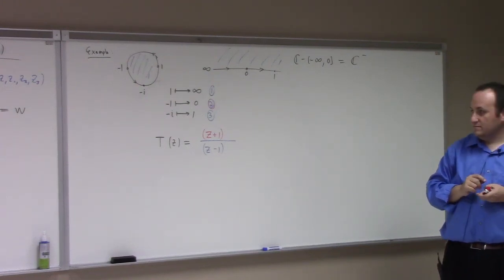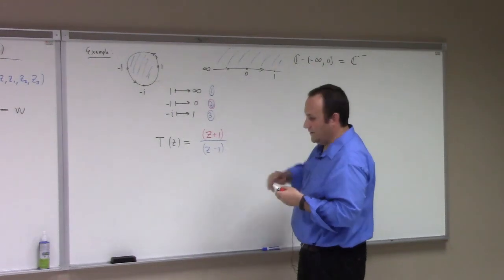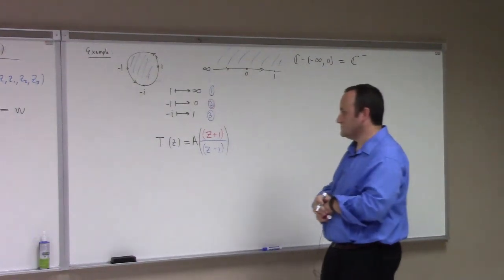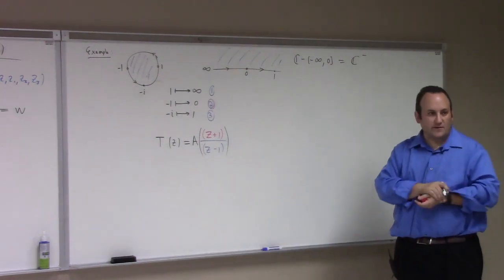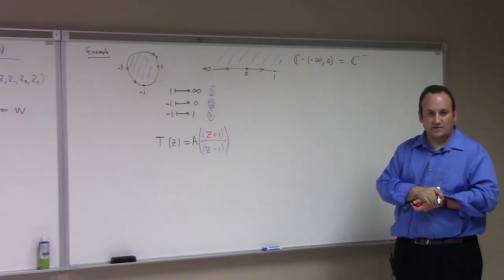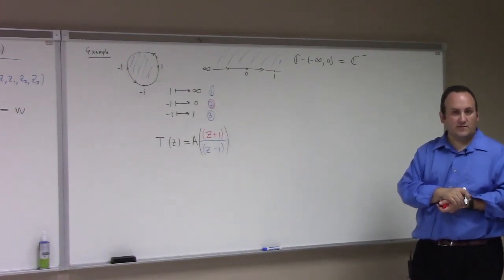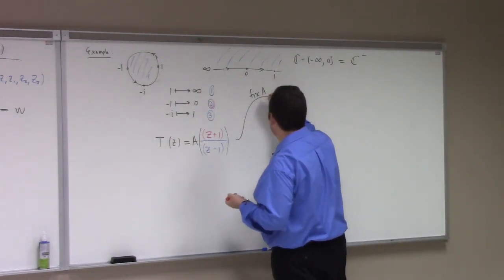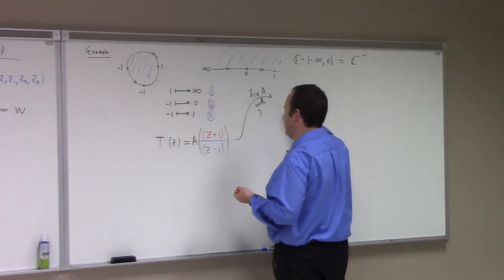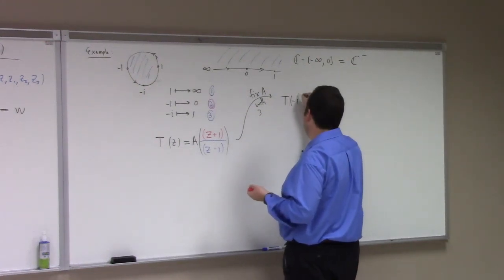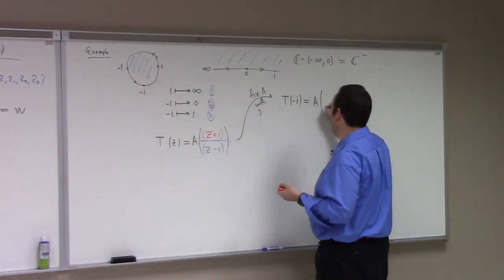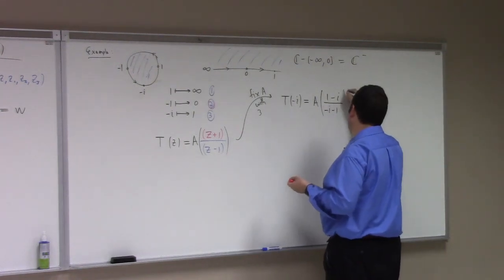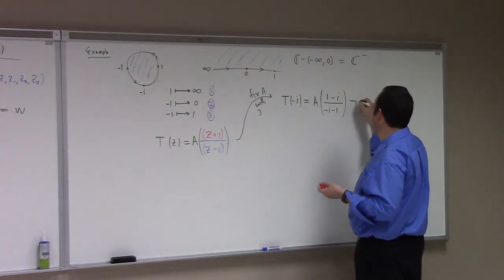So at this point, if you're keeping track, all that's left is a multiplier in the front. We've got some complex number a that fixes the FLT. To figure out the value for a, we just need that third point. So to fix a with 3, 3 says that T of minus i is equal to a times 1 minus i over minus i minus 1, which is, by the way, equal to 1.